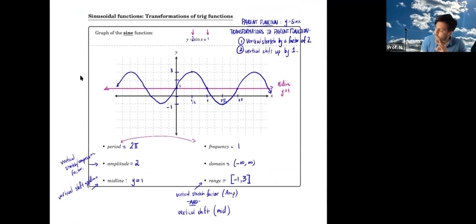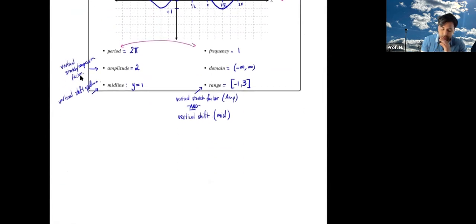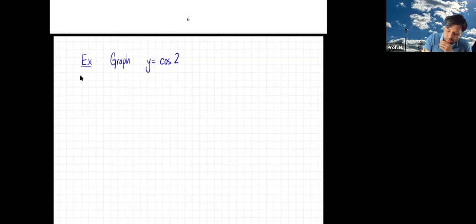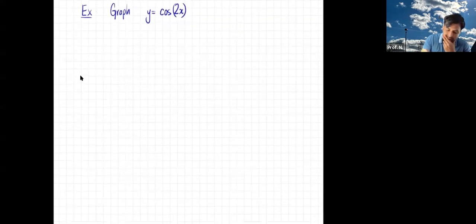Now, what happens, for example, if I do this? Let's say I want to graph y equals cosine of 2x. So let me draw just an axis again here. Make this a little bit thicker.